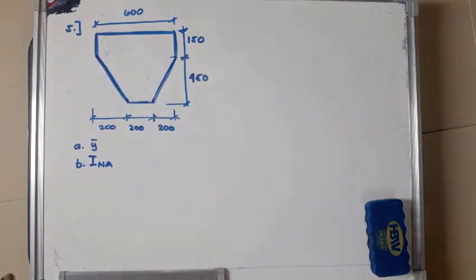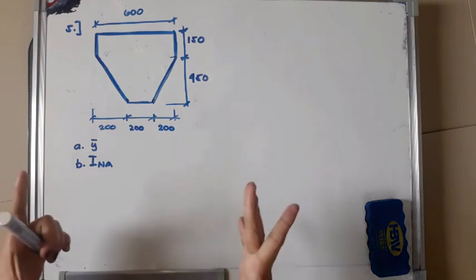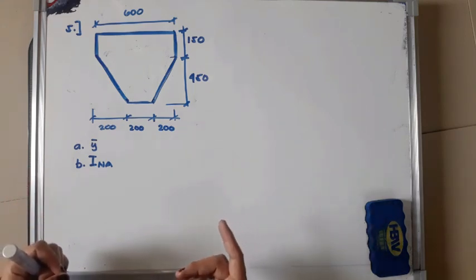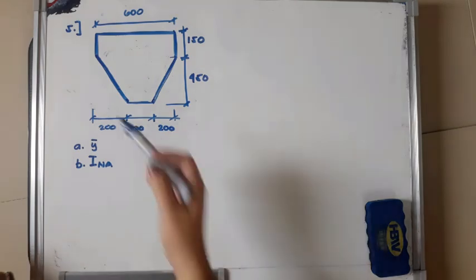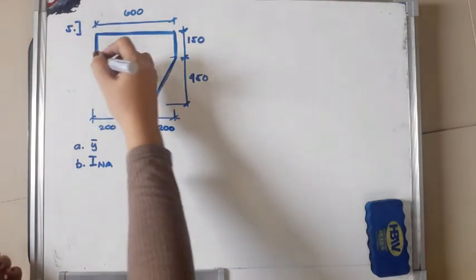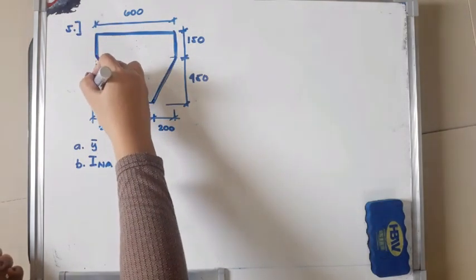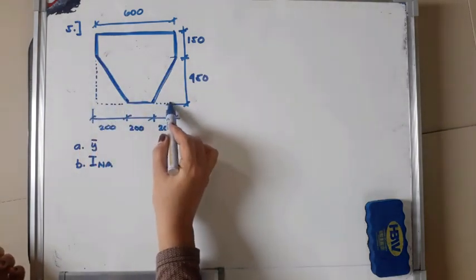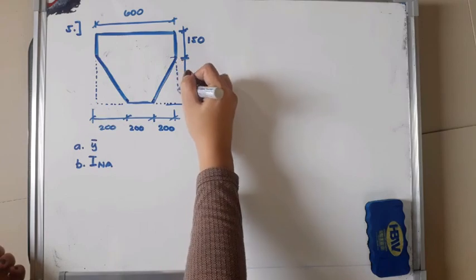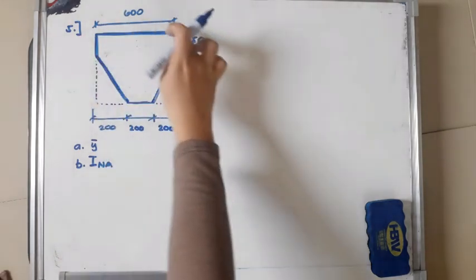Okay. So we will use the same process as that of example number 4. So we will have a whole rectangular shape minus the hole, or in Tagalog, the butas. So this is the whole rectangle. This is the whole rectangle.